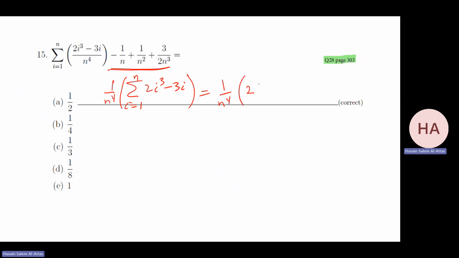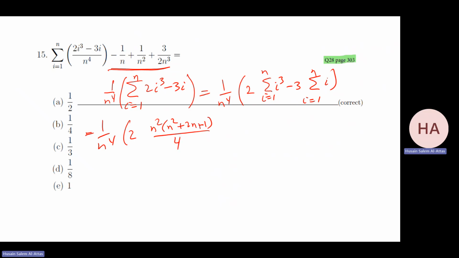I can take 2 outside, summation of i cubed, minus 3 summation of i. Okay, what do I have here? 2 times n squared plus 2n plus 1, which is n squared times n plus 1 squared over 4, minus 3 times n plus 1 over 2.